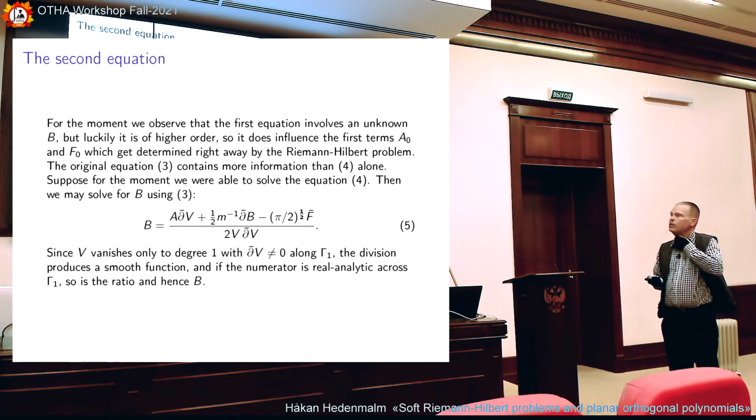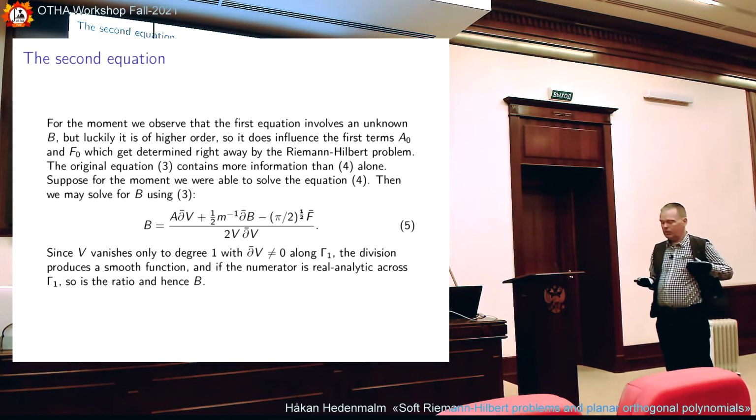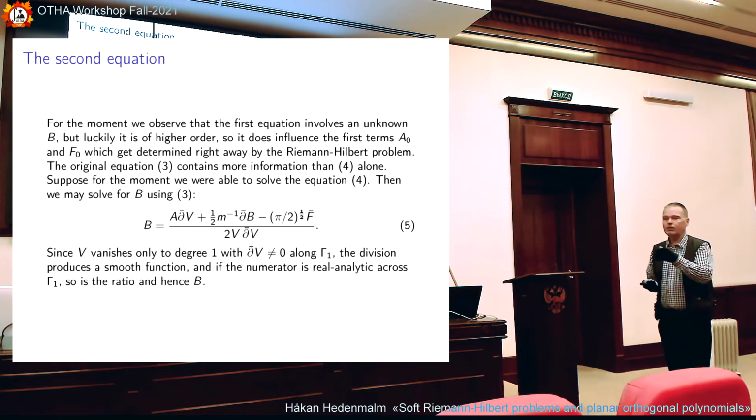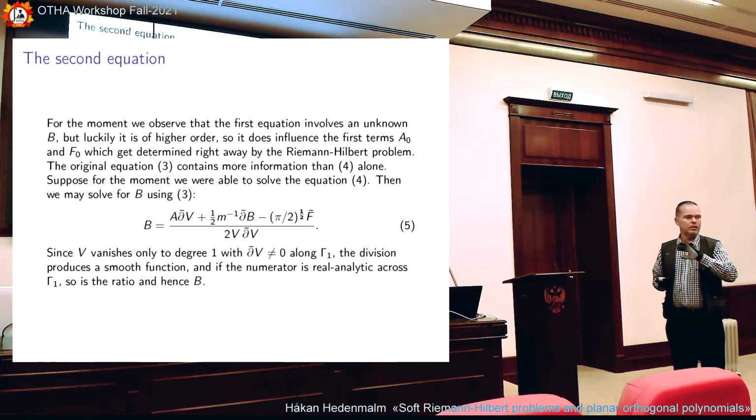Well, it turns out that instead of doing a restriction to the curve, we look at the original equation near the curve, and then we get B also. It's a division problem. So the other one was a jump problem, a Riemann-Hilbert problem. This is a division problem. It's a little bit unfortunate that the way to express B is in terms of this division, but look, a nasty thing.